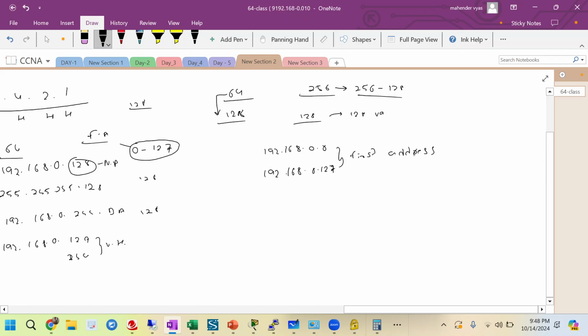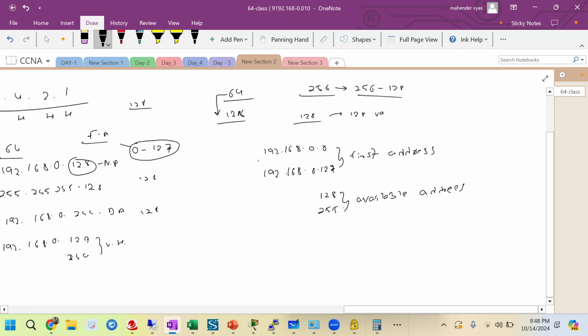Now whenever you need a new address for your new requirement, you always need to take from 128 to 255. This is your new address you have in a store or something. You can say that it is available as of now. You can use this address whenever you want.